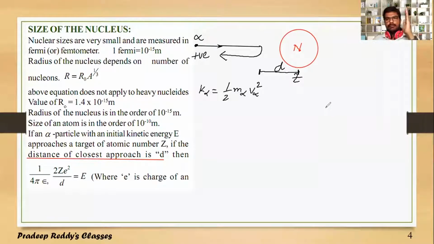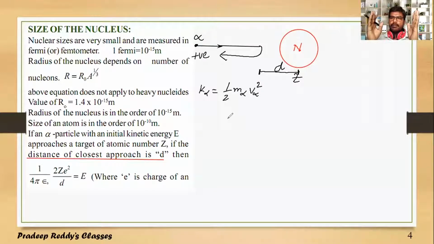When the alpha particle is at a far distance, between these positive charges there is a repulsive force, and that repulsive force increases if the two positively charged particles come closer. Even though the nucleus stays in its own position, the alpha particle is approaching it. As a result, the separation between the two decreases.